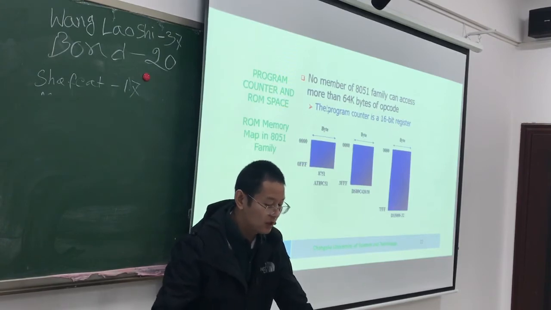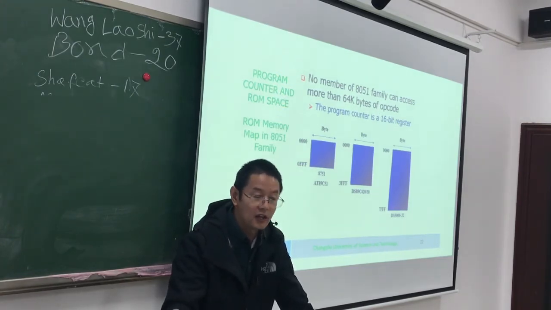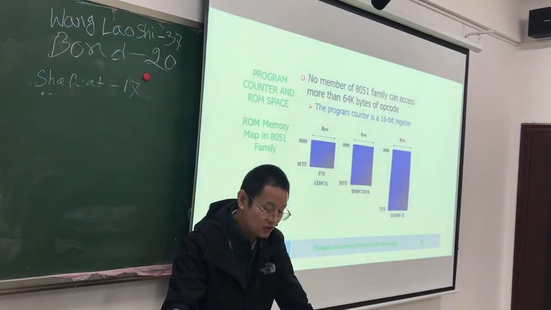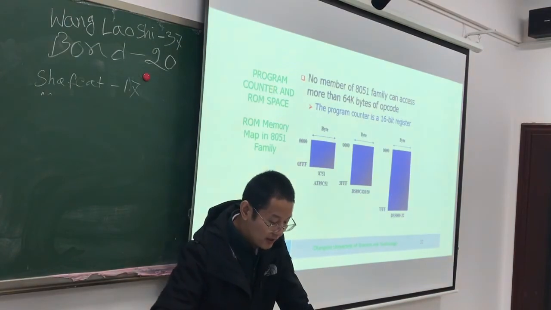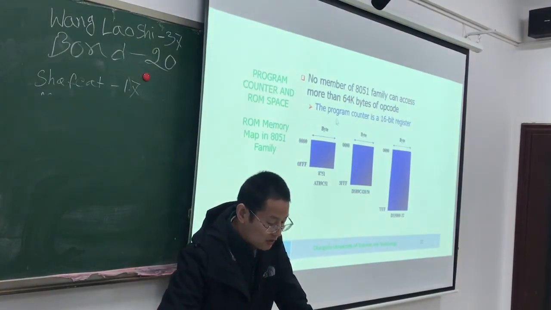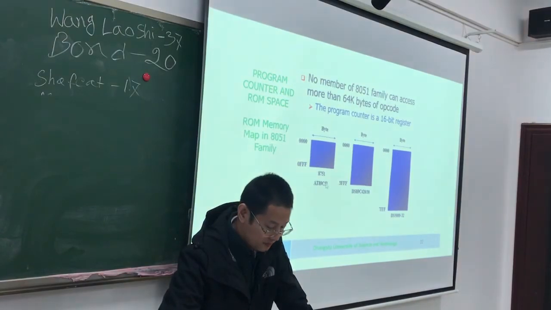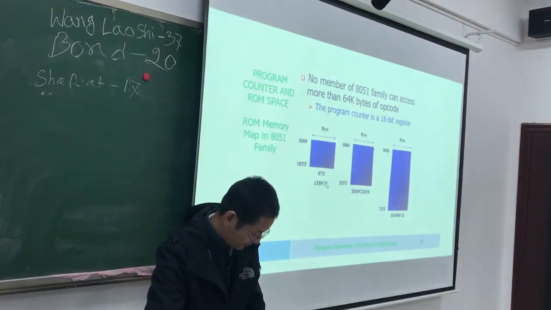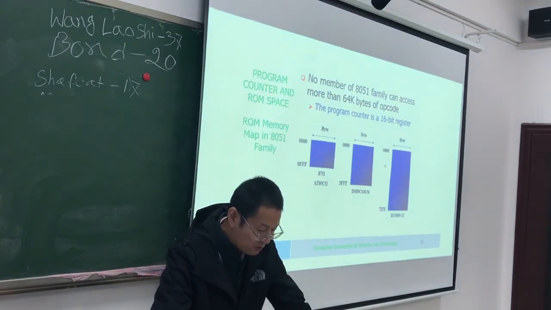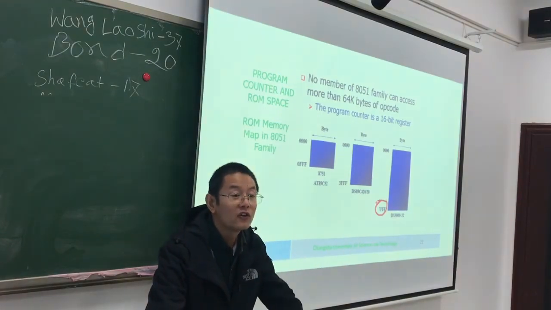The maximum is 64K, because the program counter is 16 bits, which means the maximum address is FFFF.